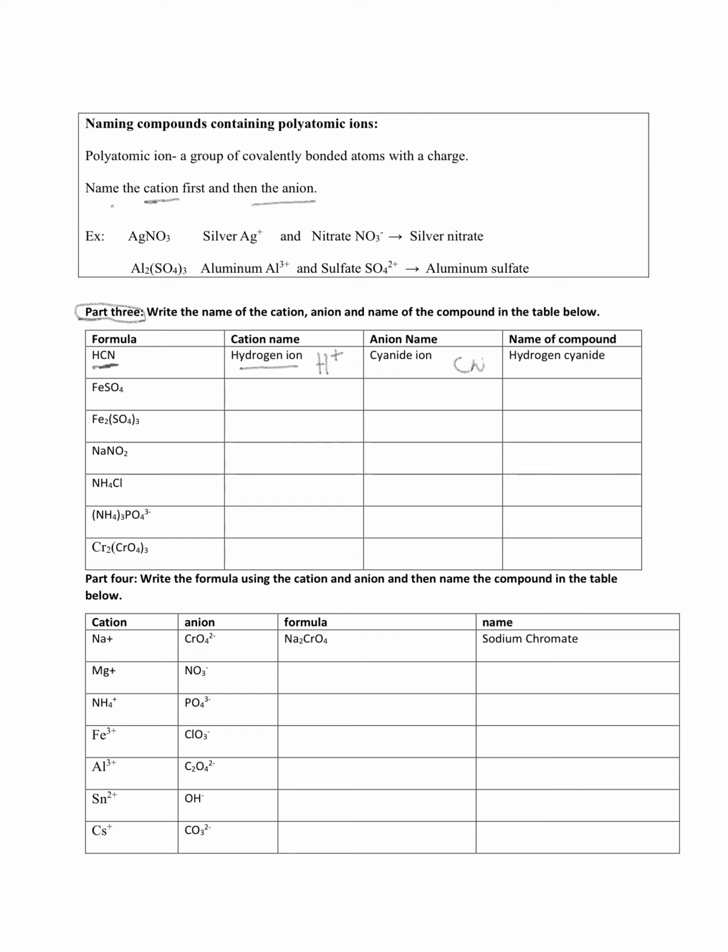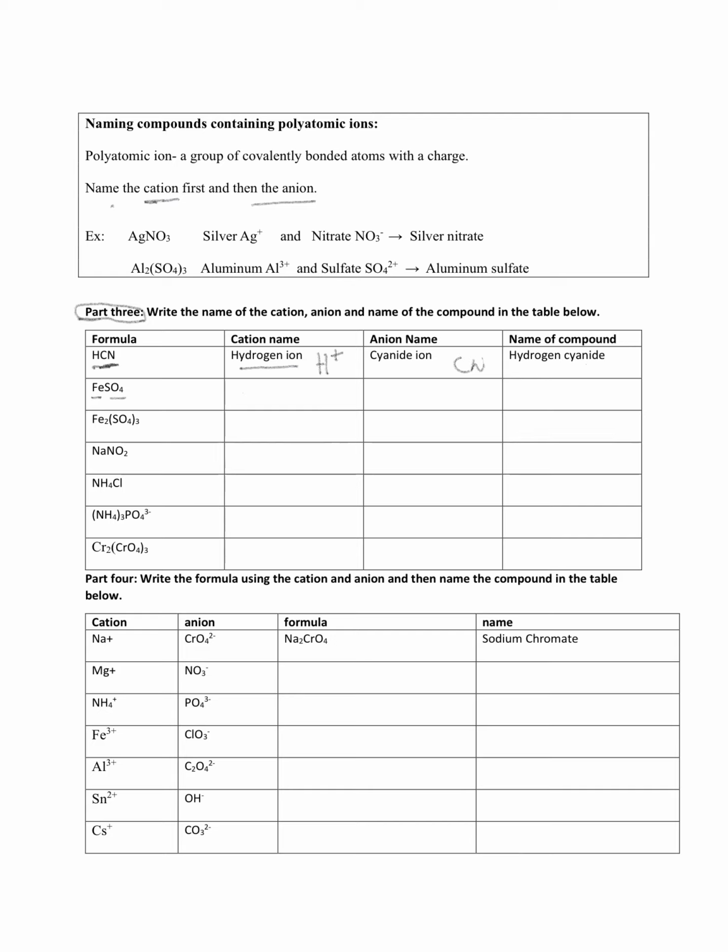Now the next one is FeSO4, and Fe is iron. So that's my cation, and then SO4 is sulfate. Our sulfate ion has a charge of -2.